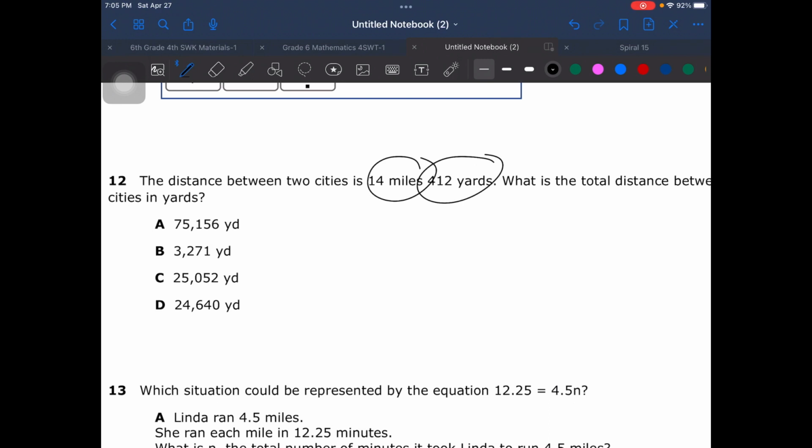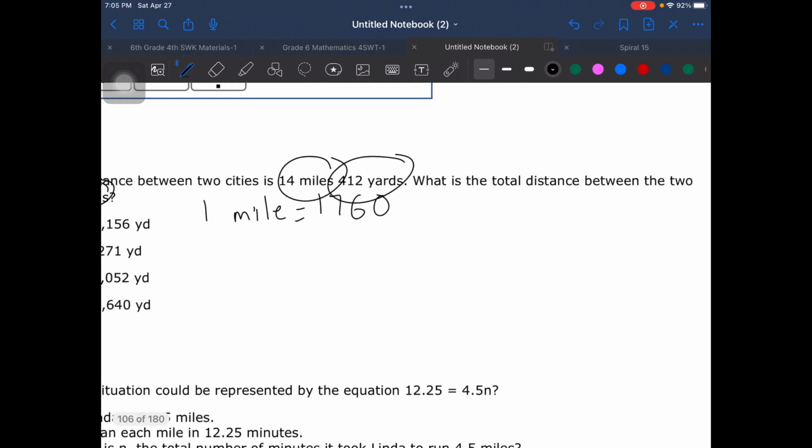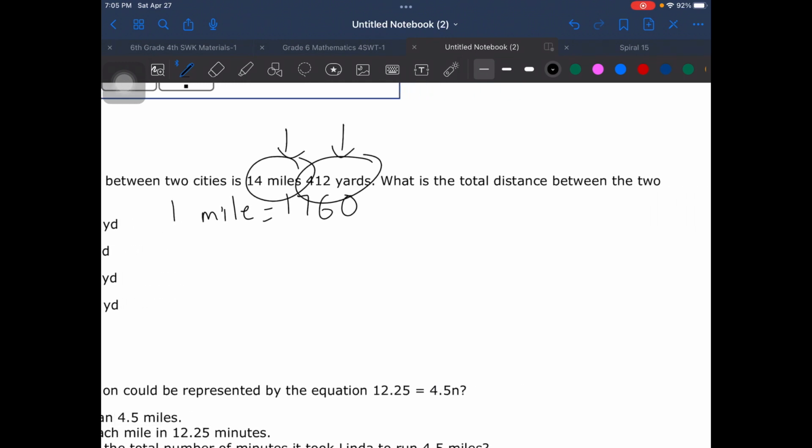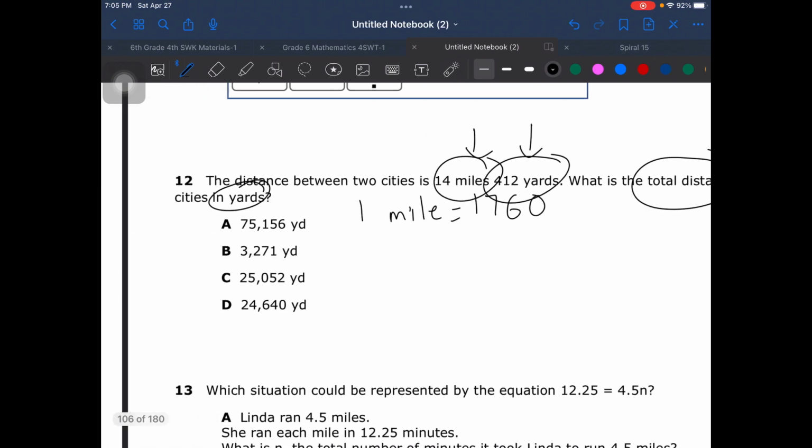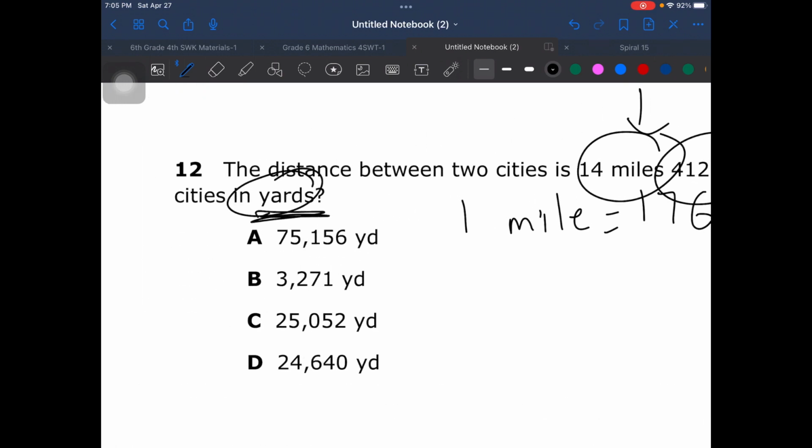And in a mile is 1,760 yards. Ahora, we use that and we read the question one more time. The distance between two cities, 14 miles, 412 yards. What is the total distance between the two cities in yards?